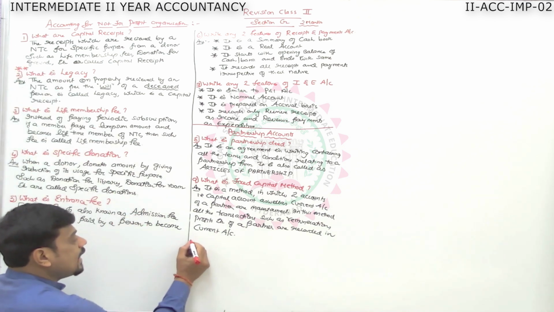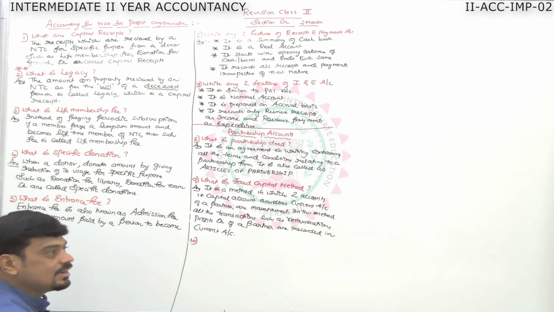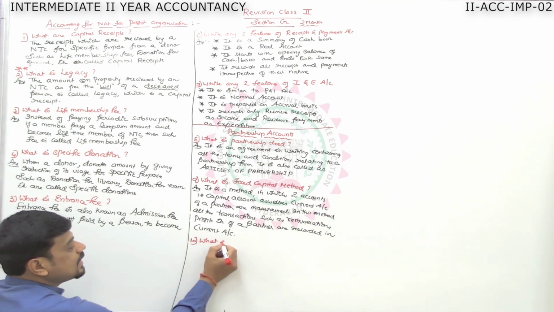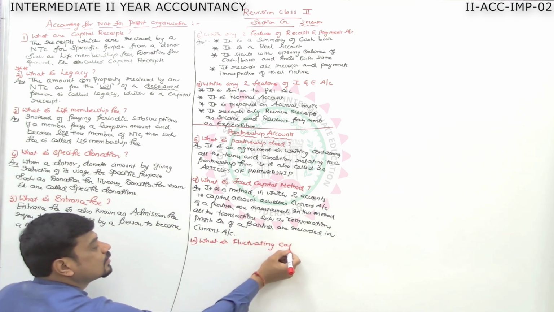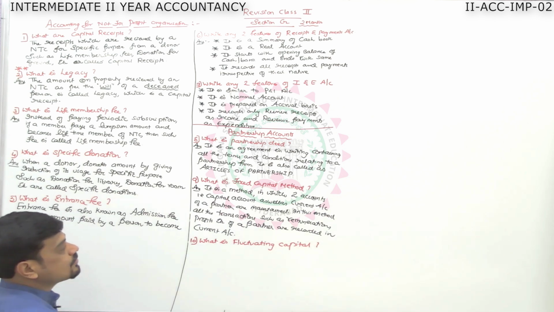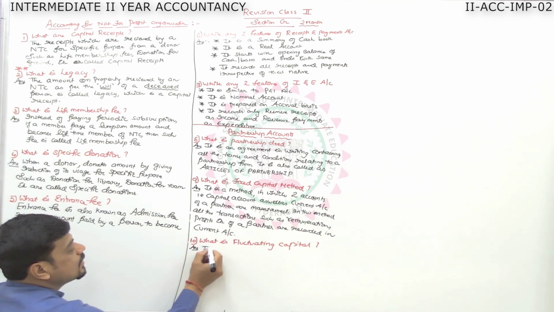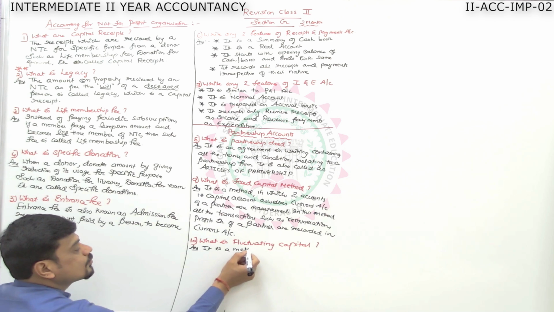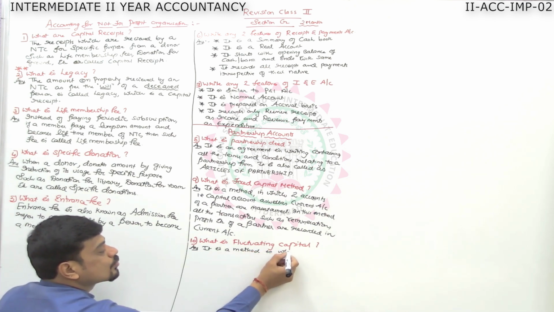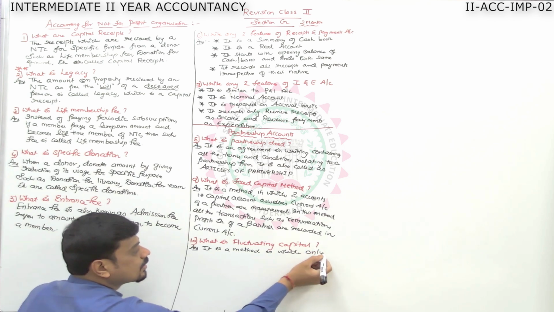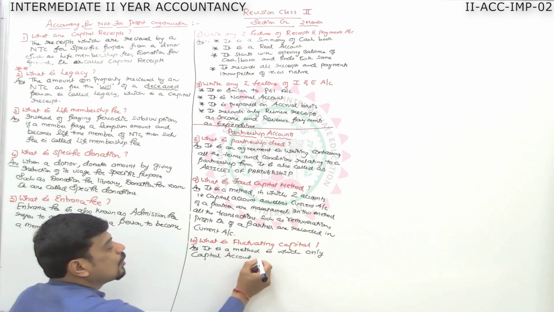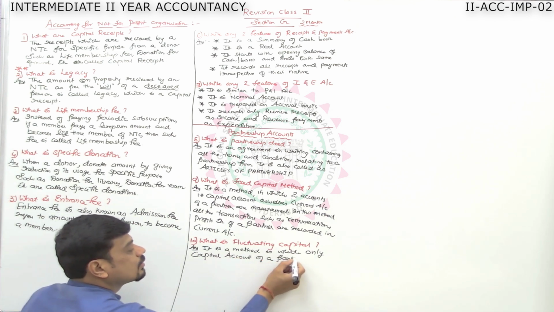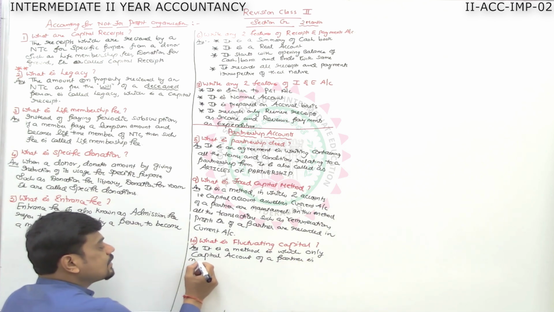Then you can expect the next question like, what is fluctuating capital? If the question is what is fluctuating capital, quite opposite will write. How we are going to write? Then the answer will be, it is a method in which only, what is maintained? Only capital account of a partner is maintained.